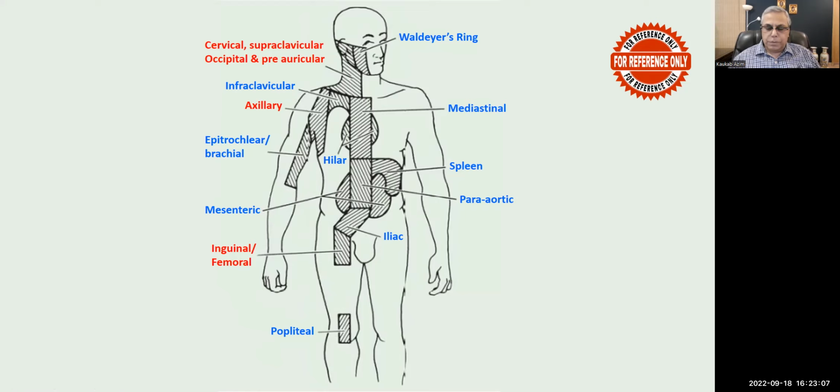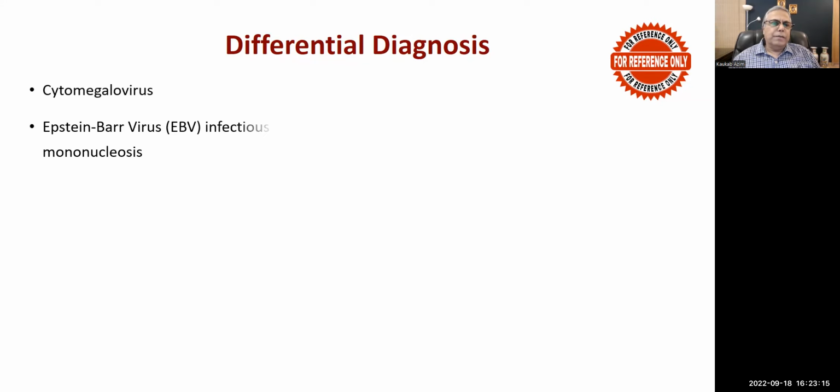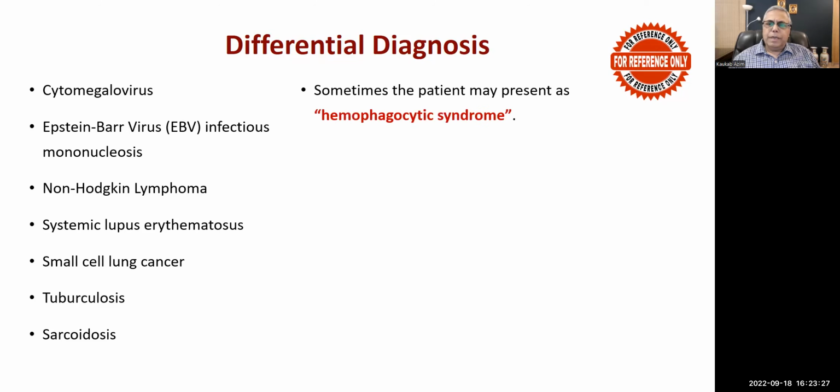And this slide is obviously for your reference only. Now, again, differential diagnosis is for your reference only: cytomegalovirus, Epstein-Barr virus, non-Hodgkin lymphoma, SLE, small cell lung cancer, tuberculosis, sarcoidosis, right? Many of these things.